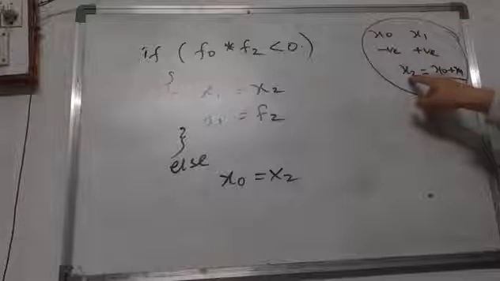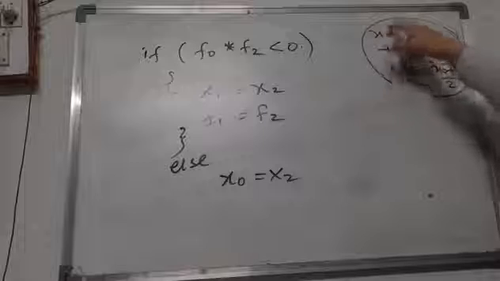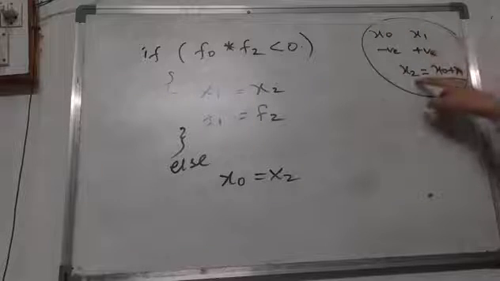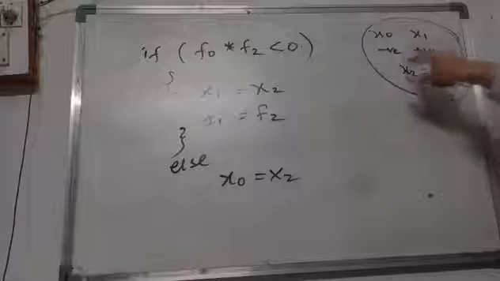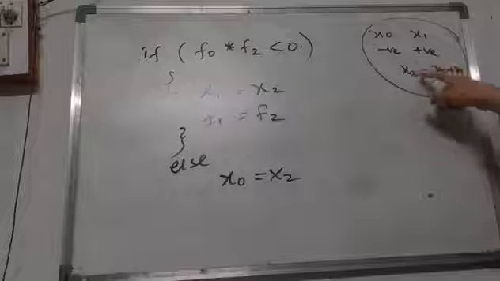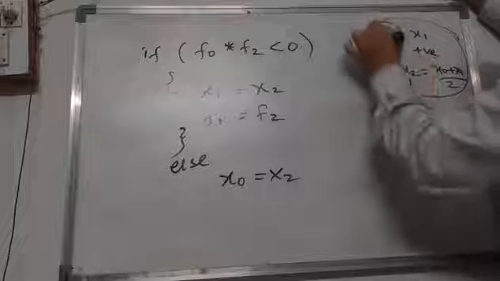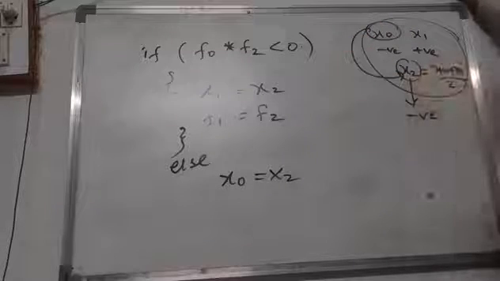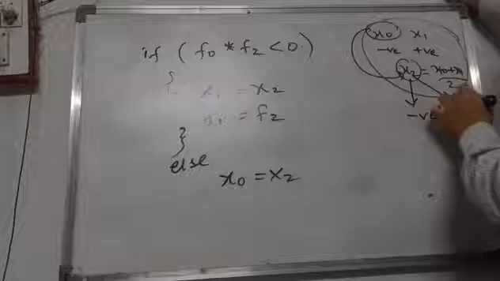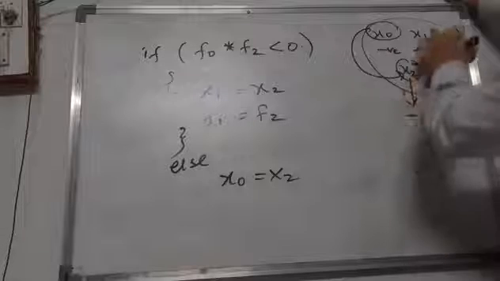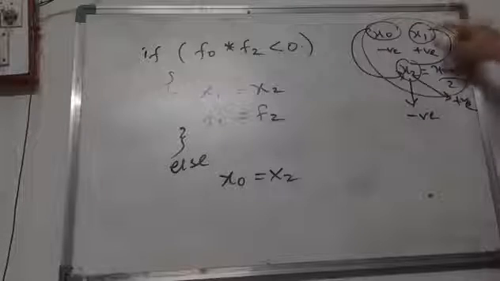If this x2 is negative, we won't multiply with x0, we have to multiply with x1. So if we got x2 negative, then this value is replaced by x2. If x2 is positive, then x1 is replaced by x2.